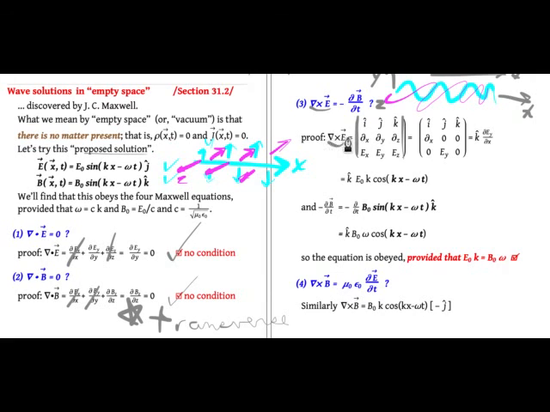If you have A cross B, you'd have Ax, Ay, Az, and Bx, By, Bz making up the components in the x, y, and z directions. Well, for the curl, we just replace A by the components of the gradient operator, d/dx, d/dy, d/dz.